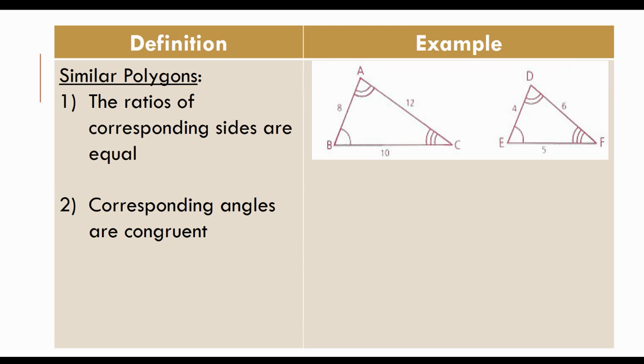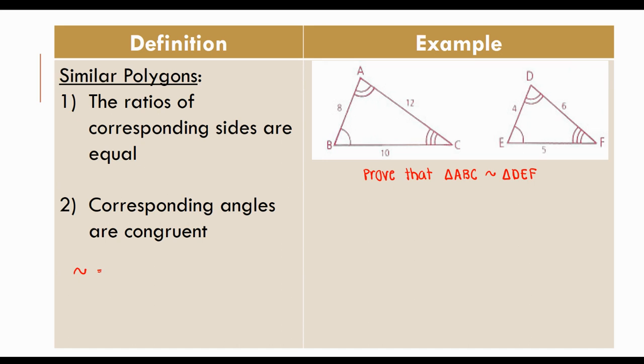So if I look at this picture, we've got 2 triangles. We've got triangle ABC and triangle DEF. So from this, we are going to prove that triangle ABC is similar to triangle DEF. So notice that the similar symbol is a little tilde.